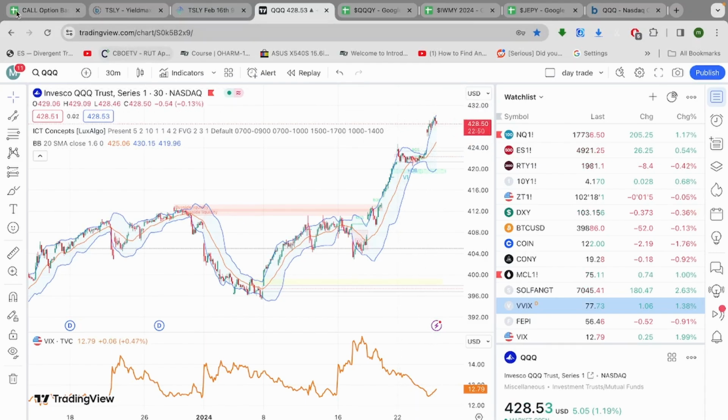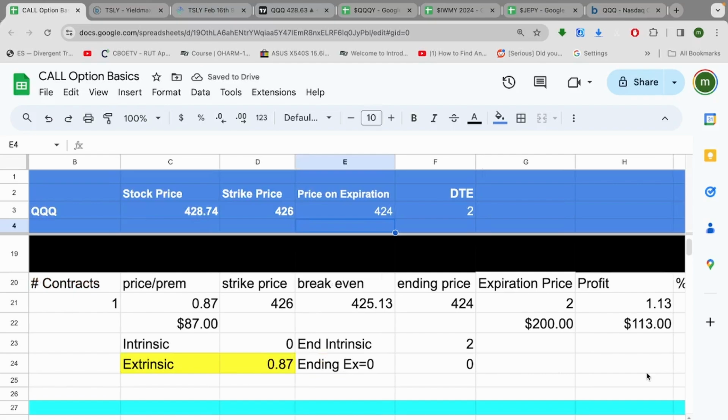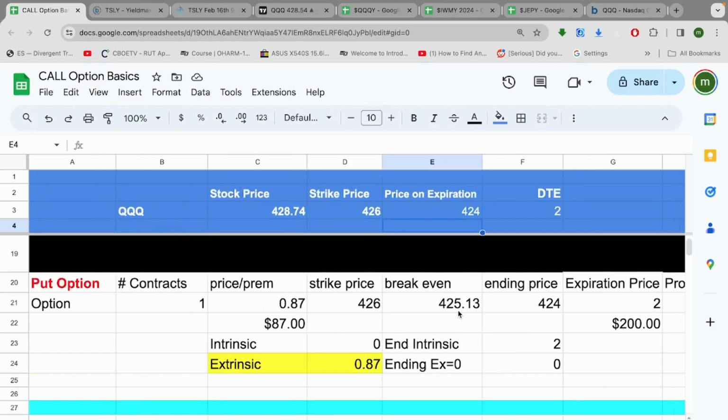So we're going to go back to our calculator right here, and we're going to just do price on expiration at 424 and see what that would do for us. It would make the option go from 87 cents to $2, giving us a $1.13 profit. 129%, not bad.